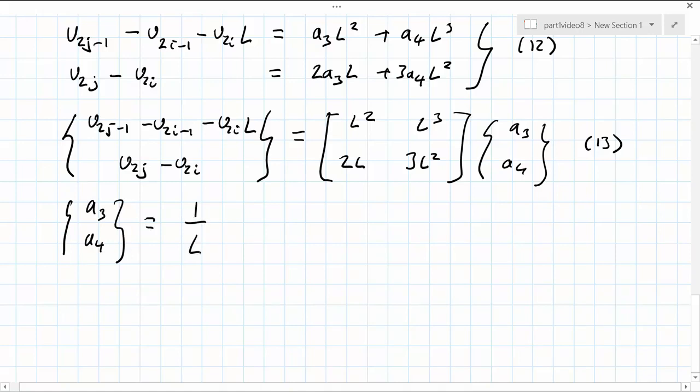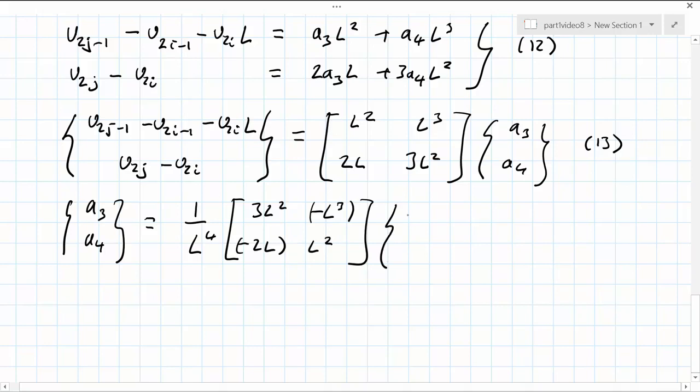So we have 1 over L⁴, times the matrix [3L², −L³; −2L, L²], times the vector [u_2j−1 minus u_2i−1 minus u_2i times L, u_2j minus u_2i].